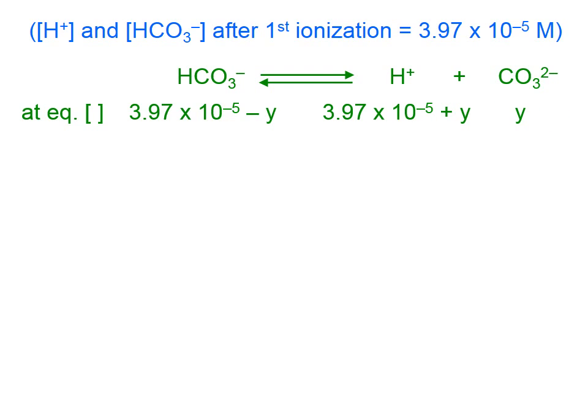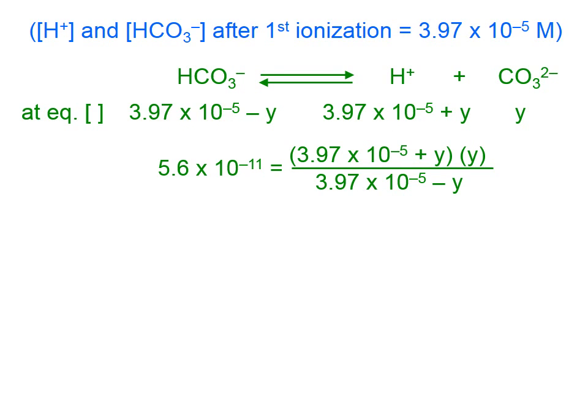The hydrogen ion concentration initially is also 3.97 times 10 to the negative fifth. That amount will go up somewhat, and we will then produce, for the first time, some carbonate ion. So instead of X this time, I'm going to use Y. We need to use Ka2 here, which is 5.6 times 10 to the negative 11th. So this is much smaller than the Ka1 value.